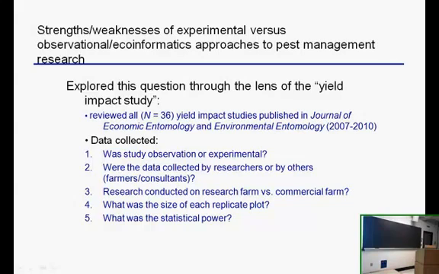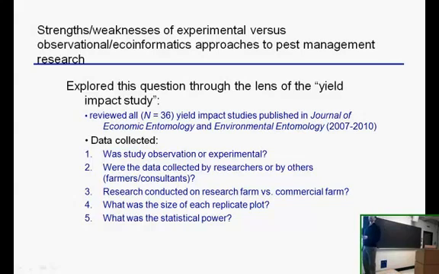So I worked with members of my lab to do a little review of recently published yield impact studies. We looked at all of the studies published in Journal of Economic Entomology and Environmental Entomology, two bastions of applied pest management research, over the 3-year period from 2007 to 2010. And these are the data that we collected. We asked, was the study observational or experimental?